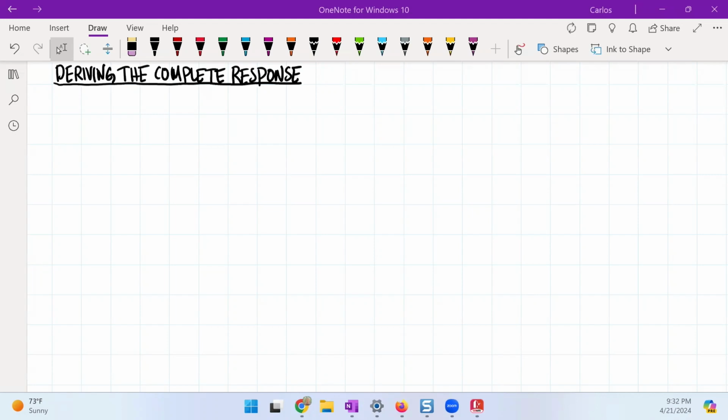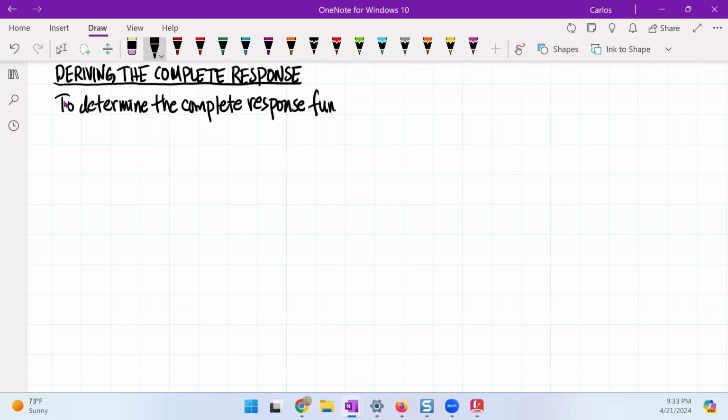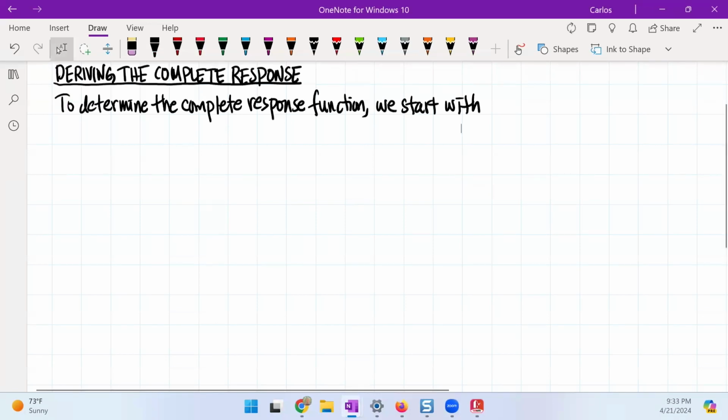Deriving the complete response for an RC circuit. To determine the complete response function, we start with the circuit that we did earlier in the first lecture.